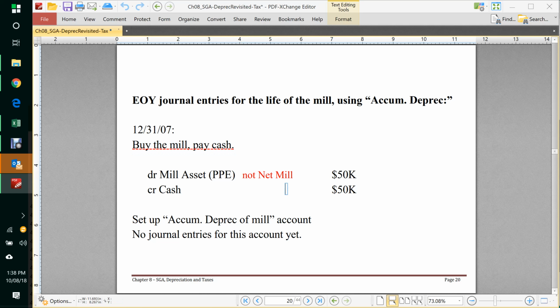Not net mill, or PPE, not net PPE. And they still paid the 50,000. We're also going to set up this accumulated depreciation of mill account. We have no journal entries yet, we're just going to set it up. So we have a pilot fish going with nothing in it.